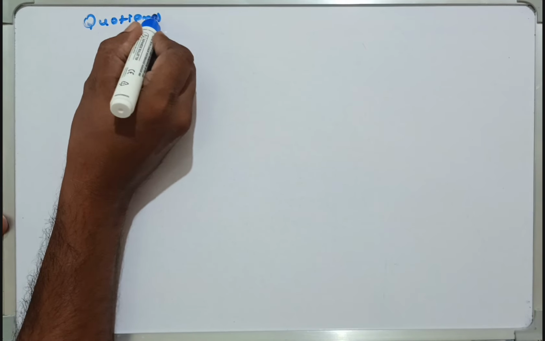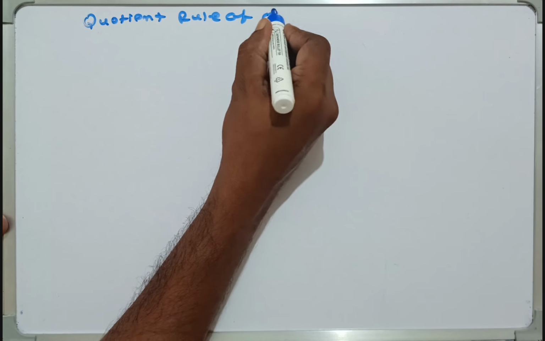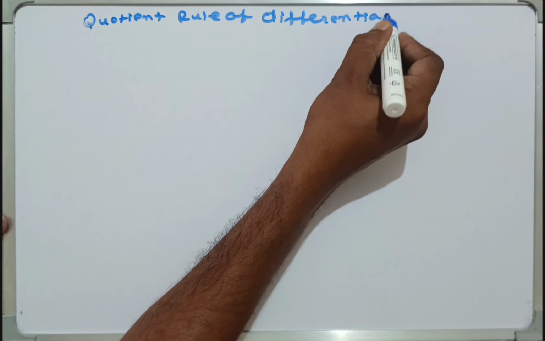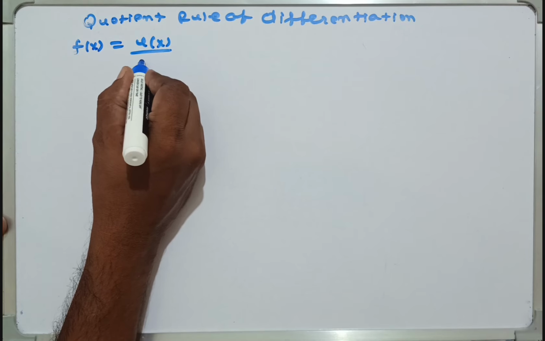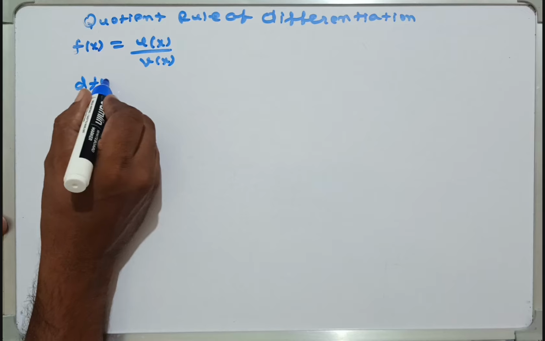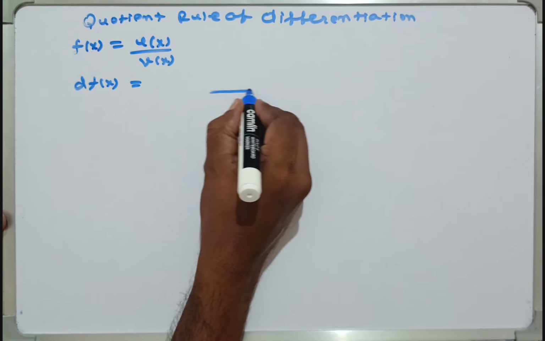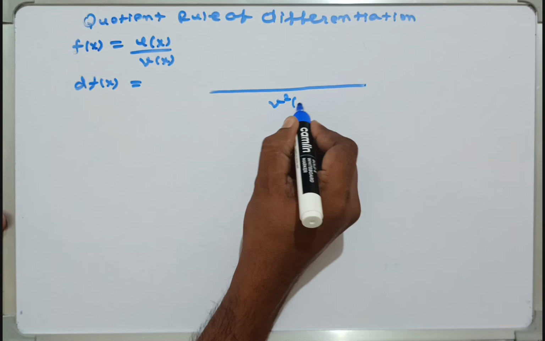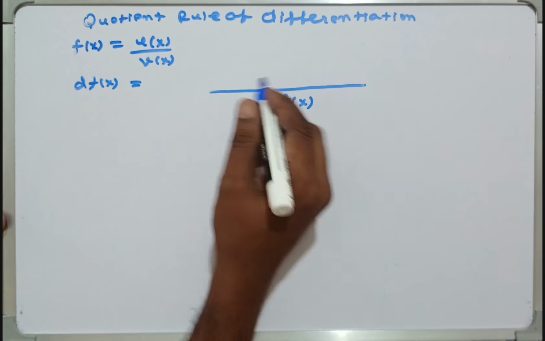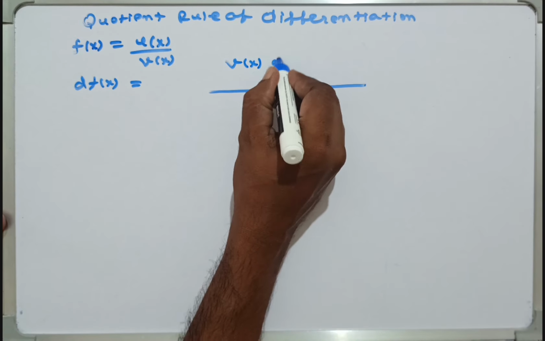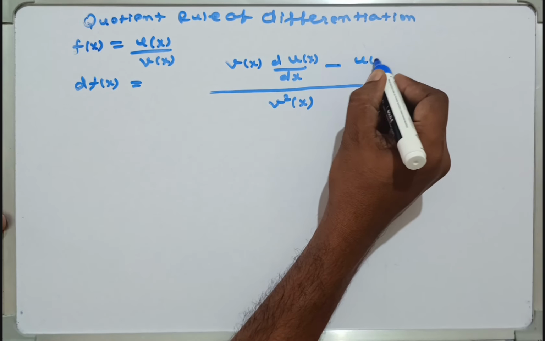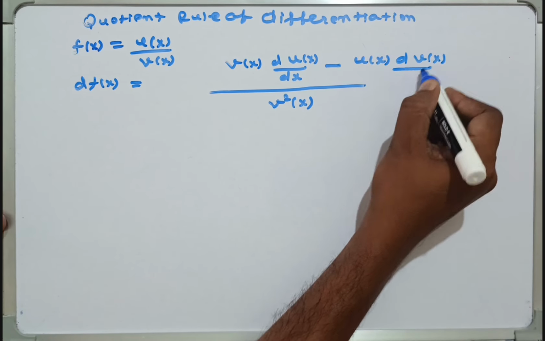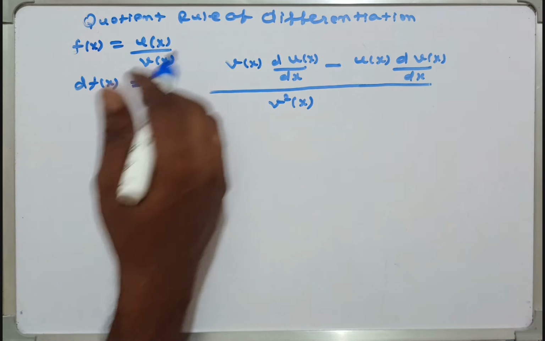Okay, see, the quotient rule says: suppose f(x) is equal to u(x) by v(x), then the differentiation of such a function is equal to, draw a big slanting line and take the square of the denominator term; then write the denominator term, take the derivative of the numerator term which is u(x) here, then put a minus sign, write again u(x) d v(x) by dx. Okay, so this is the quotient rule of differentiation.